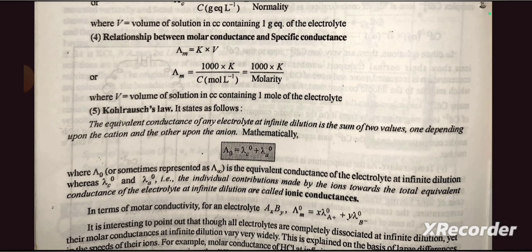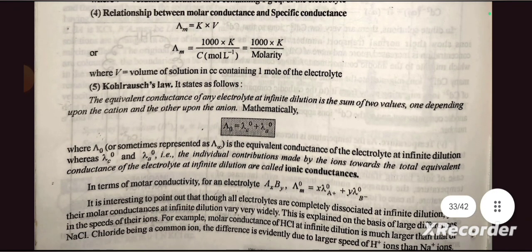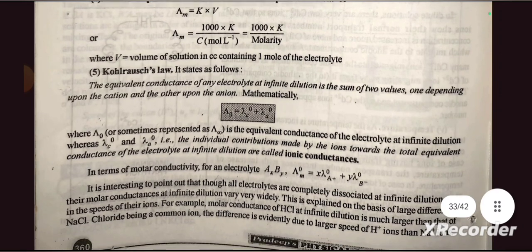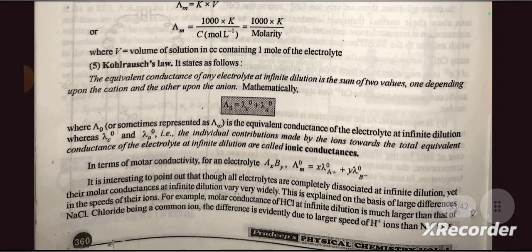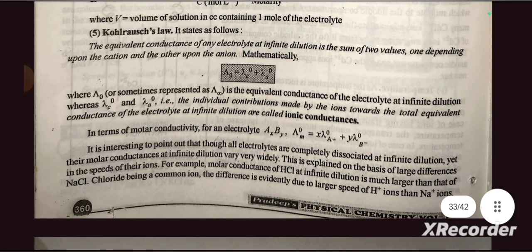Fourth, relationship between molar conductance and specific conductance. Lambda m is equal to K into V, or lambda m is equal to 1000 into K divided by C, mole liter inverse, which is equal to 1000 into K by molarity, where V is equal to volume of the solution in cc containing 1 mole of the electrolyte.